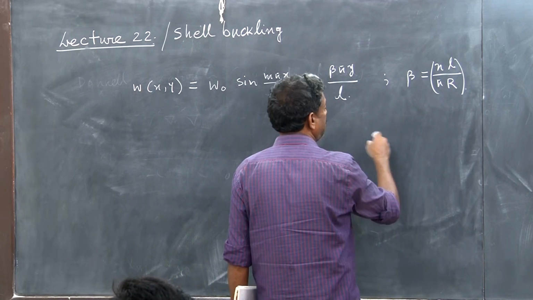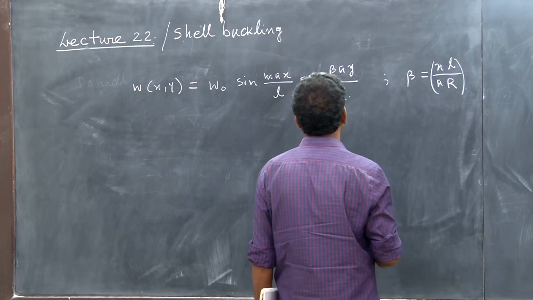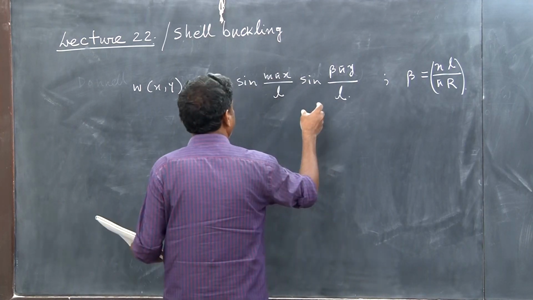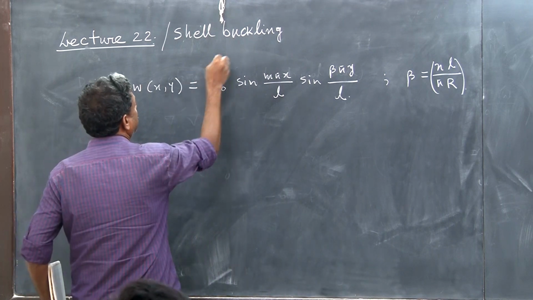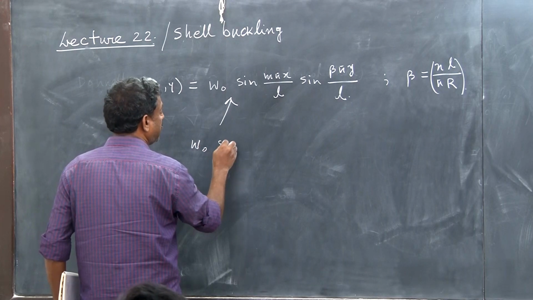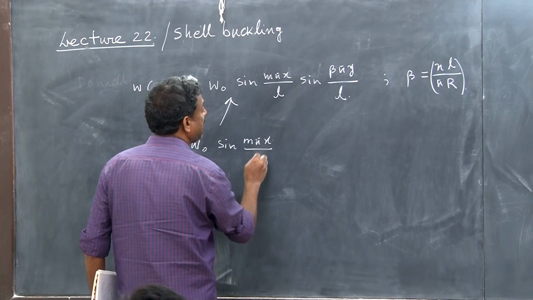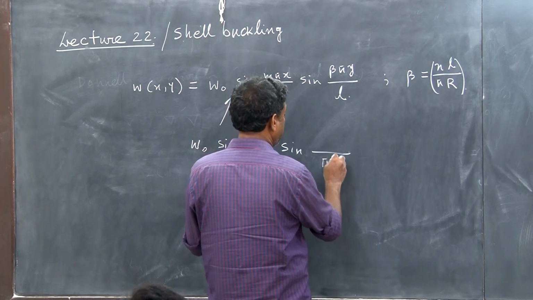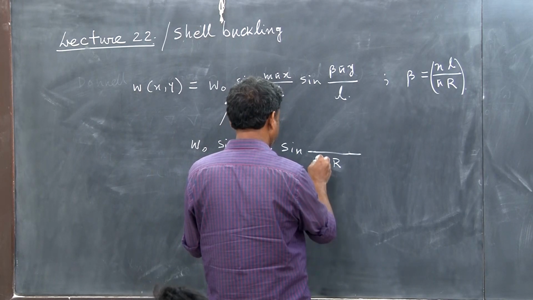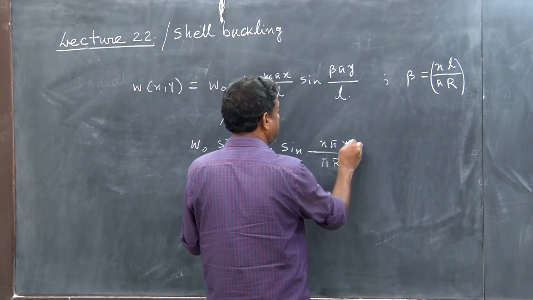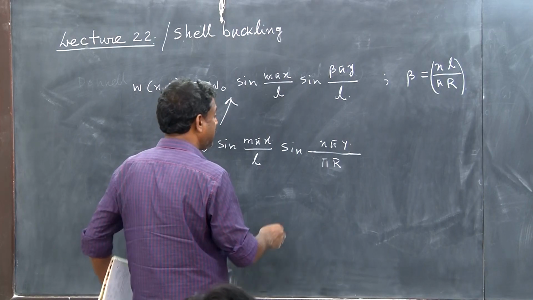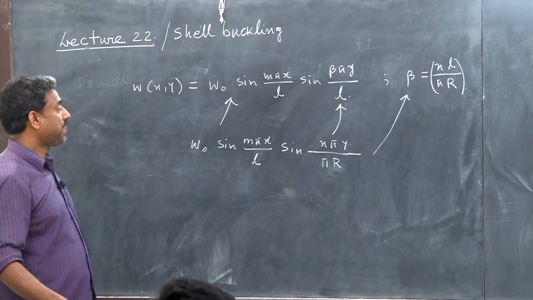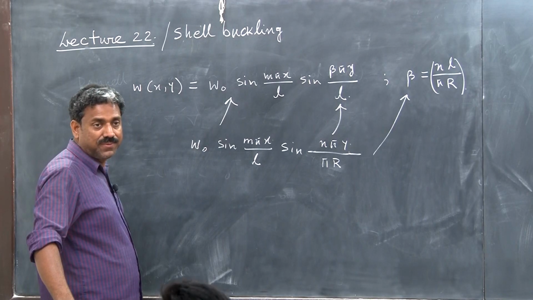Essentially, we first assume W0 sin(m pi x upon L), and then we assume a sine in y, where the length is pi R, so it is n pi y by pi R. Then we call this beta and substitute. This consists of half sine wavelengths.